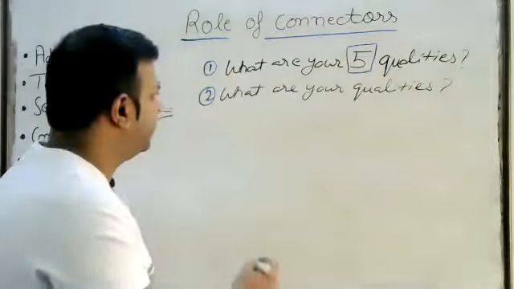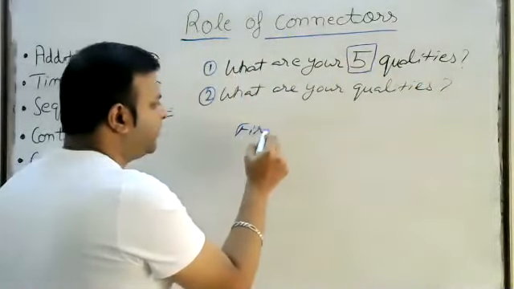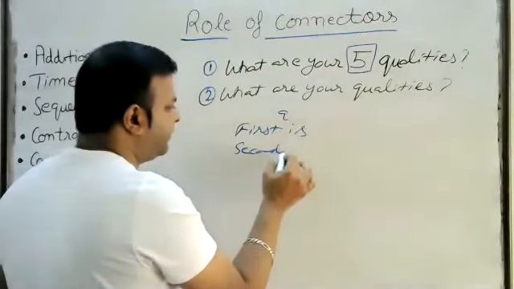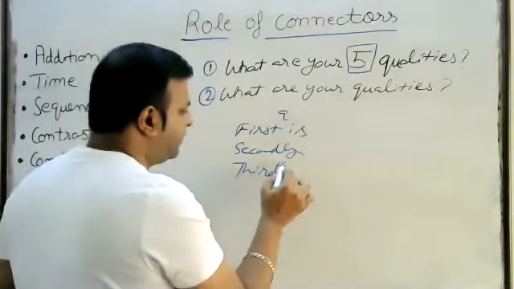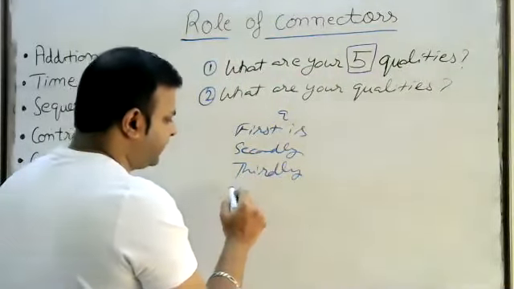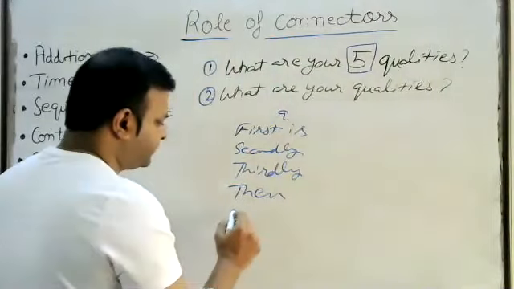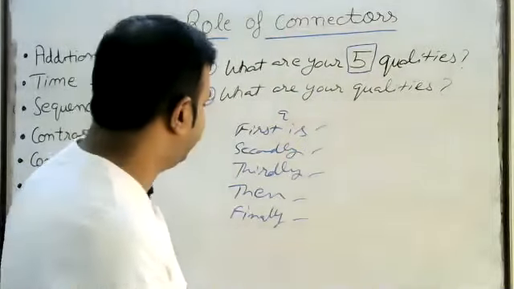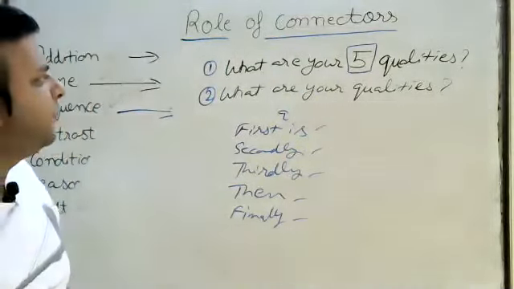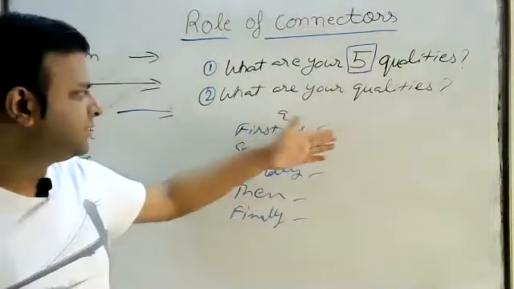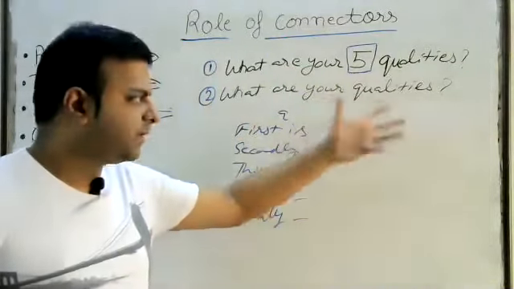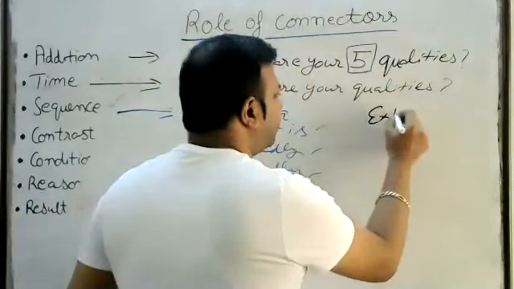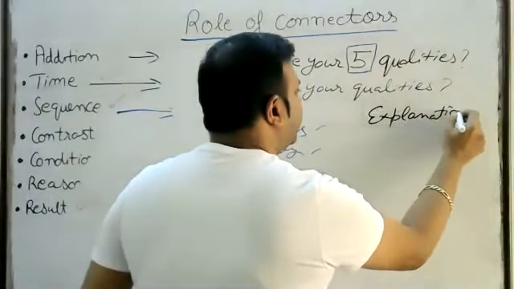So what are you going to do? You'll obviously start: my first quality is, my first quality is. Secondly, thirdly, then, and finally, anything you can say. For example, "What are your five qualities?" "Well, my first is that I'm very hardworking." Then you can explain using expressions. How can we do it?